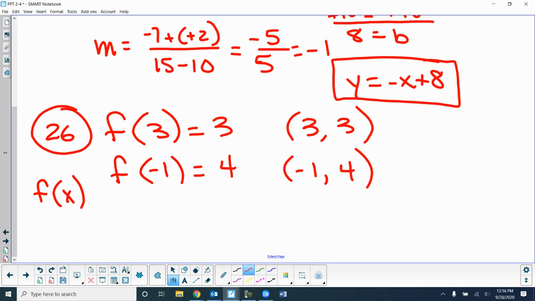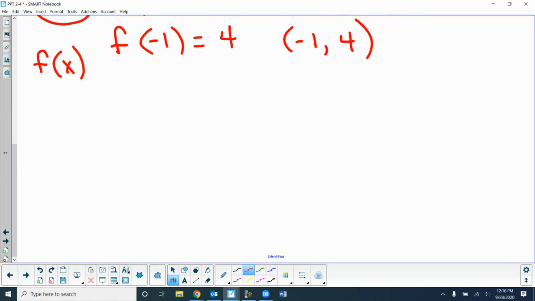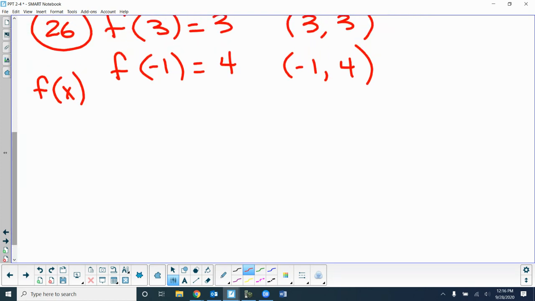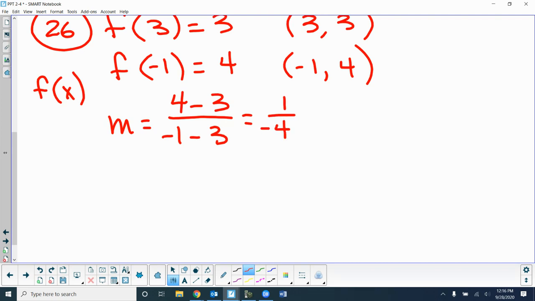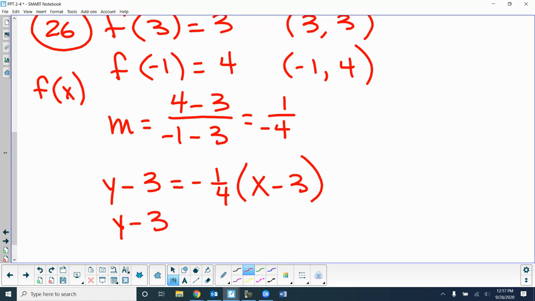So then we just do what we've been doing. Find the slope and then find the equation. All right? So the slope is y2 minus y1 over x2 minus x1. We'll do point slope this time. So we'll go y minus the y. I'll use the point 3, 3. y minus 3 equals m times the quantity x minus the x. And then let's distribute the -1/4 first.